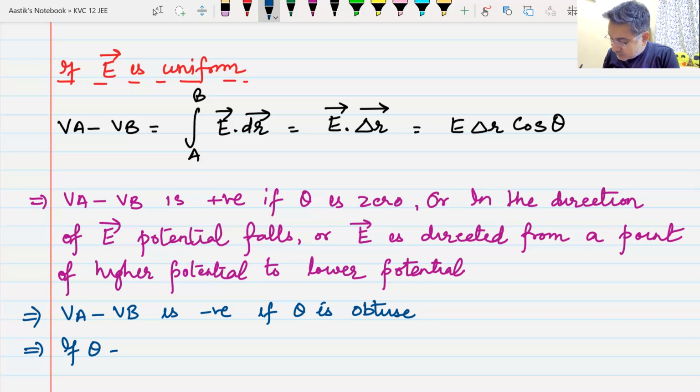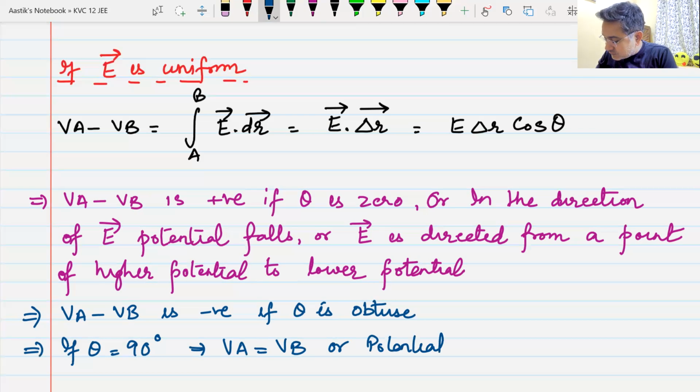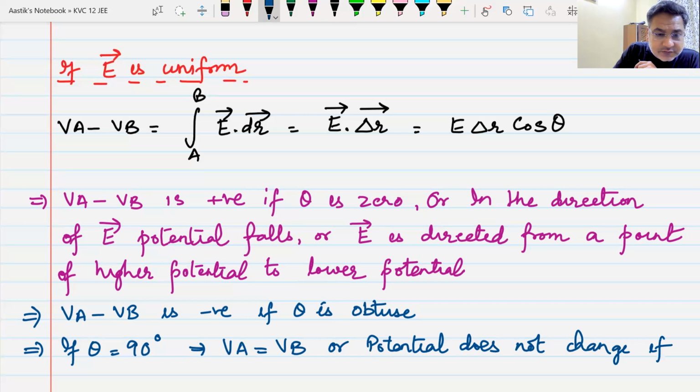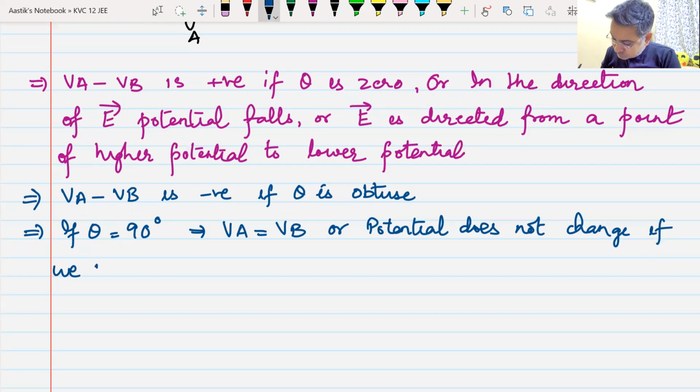If theta is 90 degrees, and this is a very important case, then the potential at point A equals the potential at point B, or we can say potential does not change if we move perpendicular to the direction of electric field.